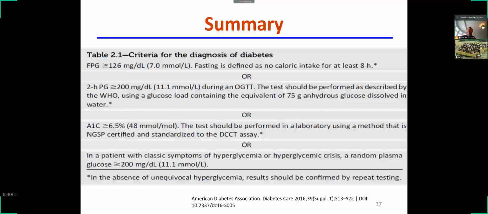And obviously, in a case where the patient is having obvious symptoms of type 2 diabetes, the random plasma glucose test is probably sufficient. So this is sort of the typical order of tests that are used to measure and diagnose type 2 diabetes.